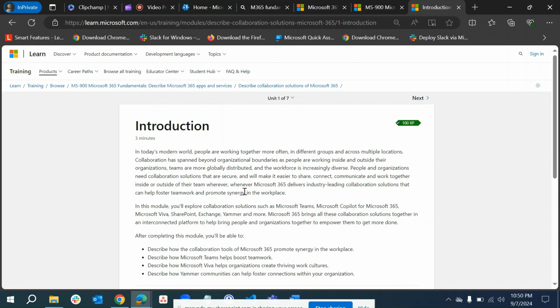The next is Microsoft Copilot for 365. This is a very new system or technology that Microsoft has launched recently, and it's a part of the Microsoft 365 ecosystem. It works hand in hand with all the collaboration tools. It also works with different products, including security products like Defender for Business, Defender for Endpoint, and Microsoft Sentinel, right?